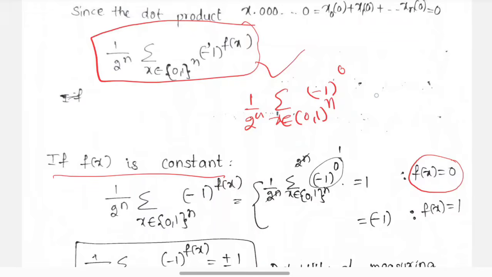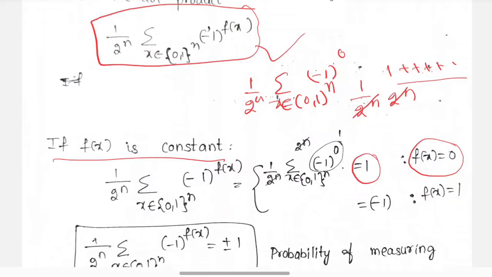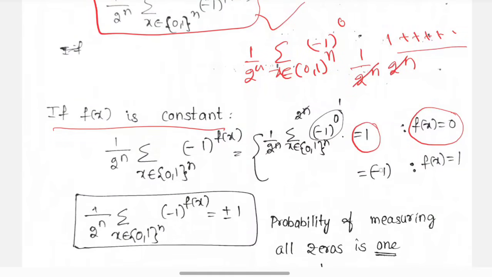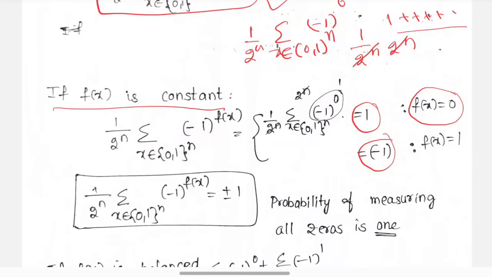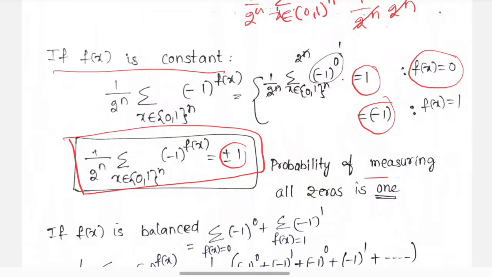So minus 1 power 0 will be 1, but it is for n qubits, so that is 2 power n. We already have 1 by 2 power n, which cancels, and the result will be 1. If you check for 1 also, you will end up getting minus 1. So if the function is constant, the amplitude lies at plus or minus 1. So the probability of measuring all zeros is always 1.